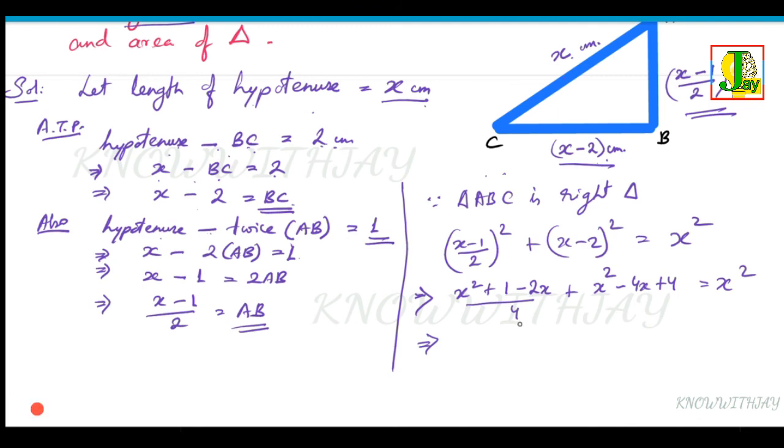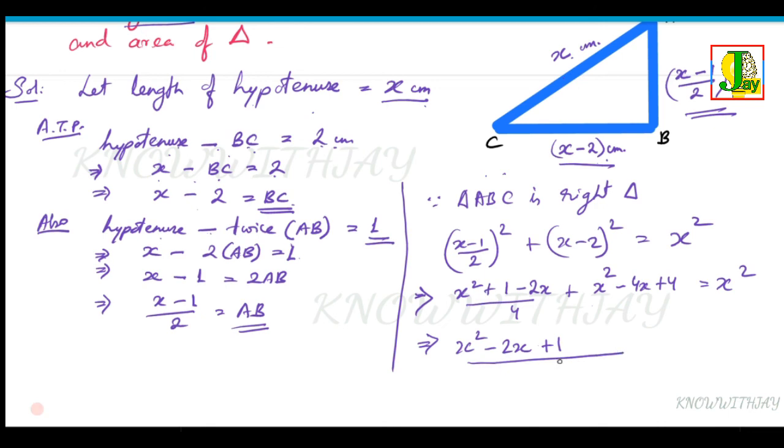You can take x squared to that side and it gets cancelled. So you have x squared minus 2x plus 1.